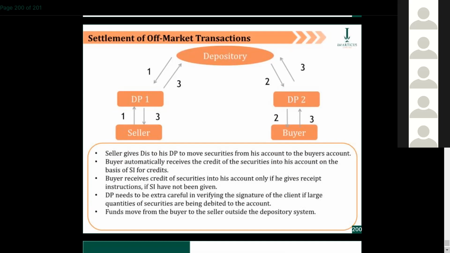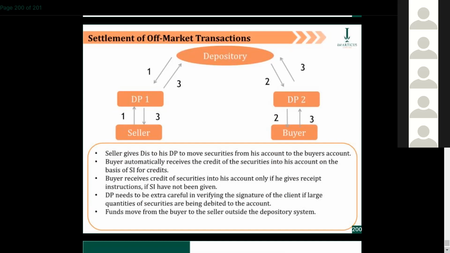So that I had explained to you earlier, standing instruction. For any transaction, the instructions from the customers are required. However, for credit, usually customers give standing instructions, so they don't have the inconvenience of going to the depository for every transaction.